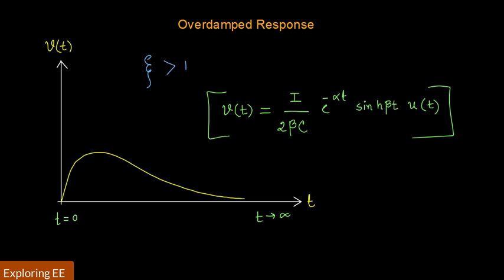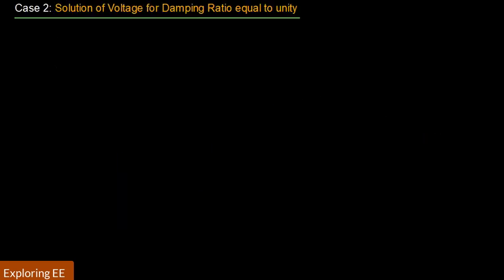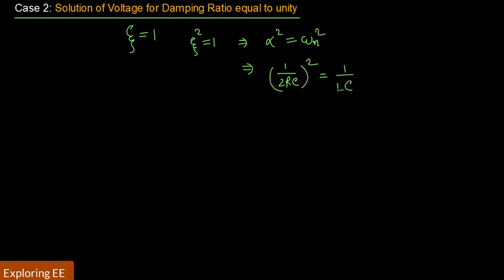Now the next case, case 2, when the damping ratio is unity, that is zeta equal to unity. So zeta square is also unity. From that we can easily check that alpha square equal to omega n square, that is 1 by twice RC whole square is equal to 1 upon LC.